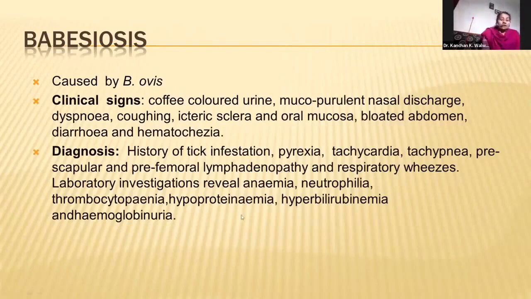And because of the uremia, because of hyperbilirubinemia, because of hyperhemoglobinemia, and because of damage to the nephrons directly by the Babesia organism, because it is entering into the vascular compartment also, it will damage the vascular endothelium also.